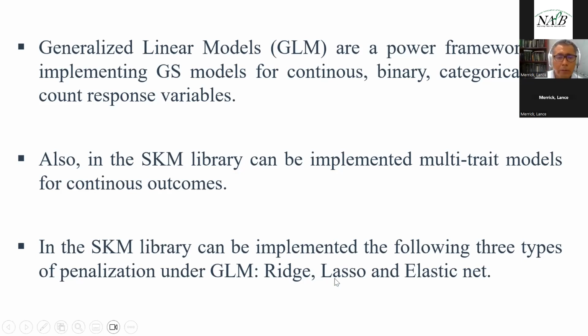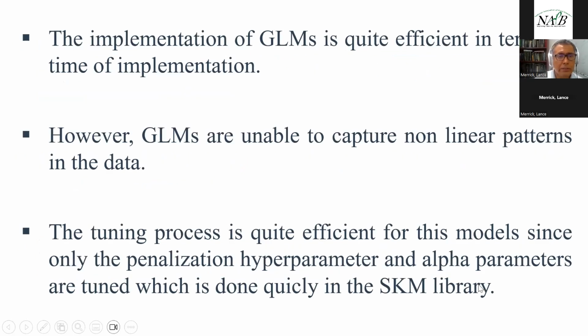As I mentioned before, in the SKM library for generalized linear models, we can implement lasso regression, ridge regression, and elastic net regression. The implementation of GLMs is quite efficient in terms of time of implementation if you are not using the tuning process, but with the tuning process require considerable more time.